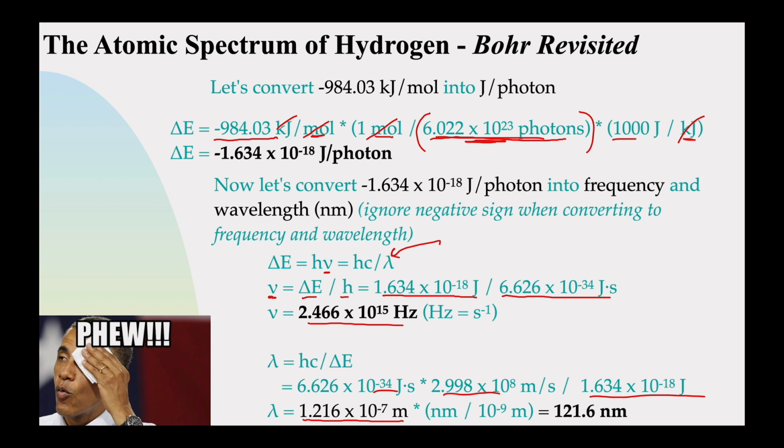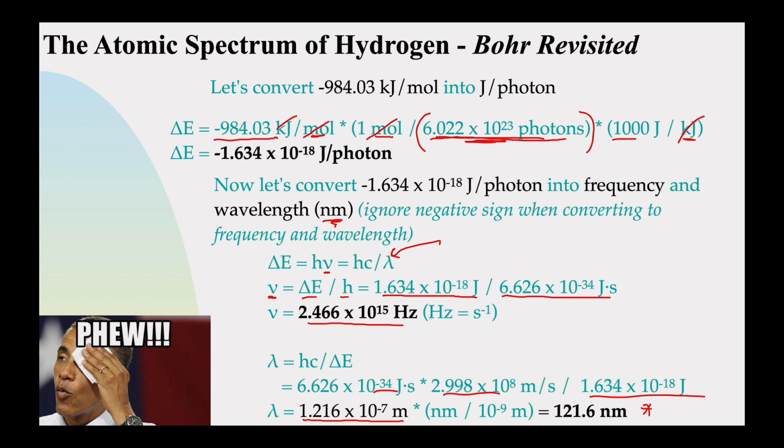But you can see here that I wanted the wavelength in nanometers. So to go from meters to nanometers, 1 nanometer is 10 to the minus 9 meters. So I'll take the really small meters, divide it by 10 to the minus 9, and you get 121.6 nanometers. That's the wavelength of this transition in nanometers.